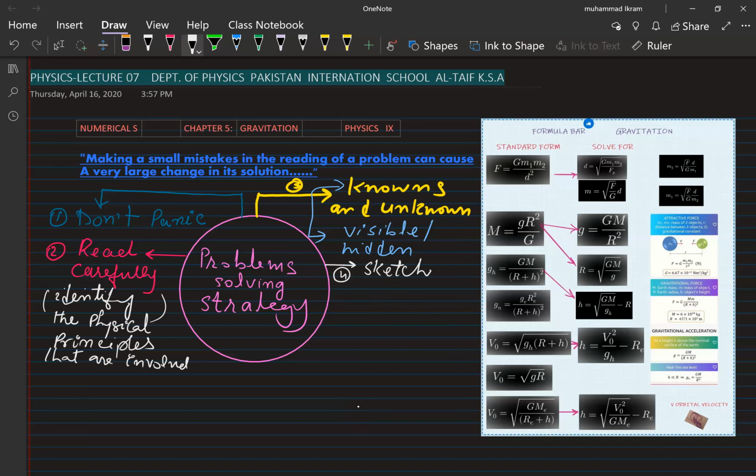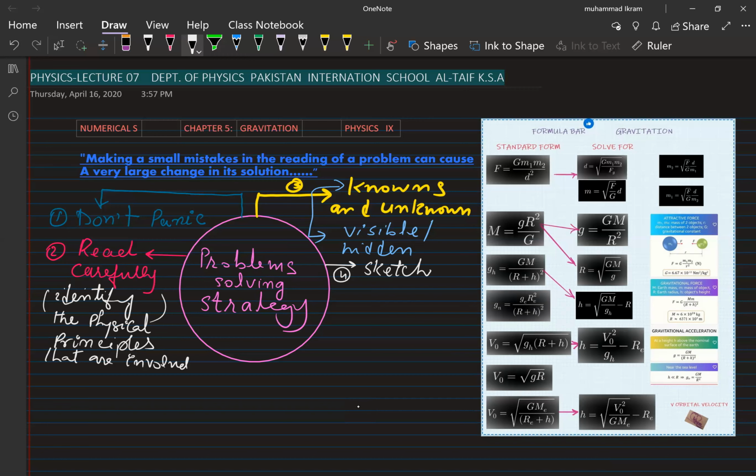You must construct a simple or a rough sketch of your problem. Why? Because sometimes your problem may require a force diagram to explain certain numericals. It is not necessary that a diagram will always be needed, right? Sometimes a graph might be given. So you should construct a mental sketch.